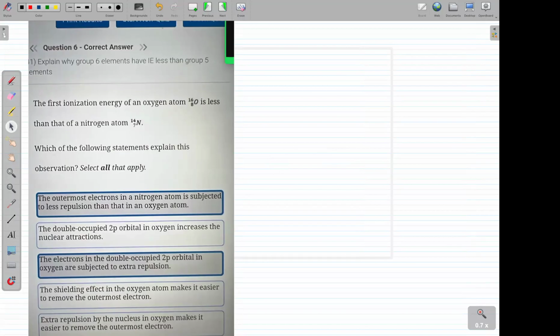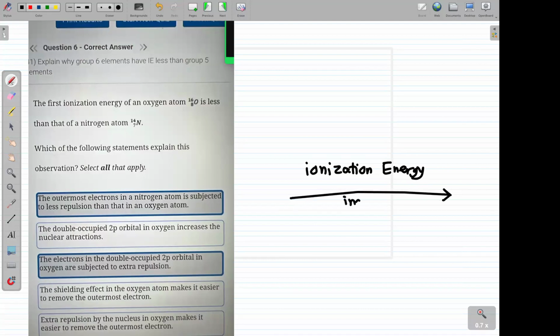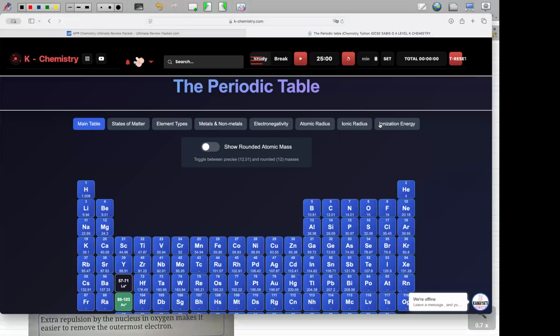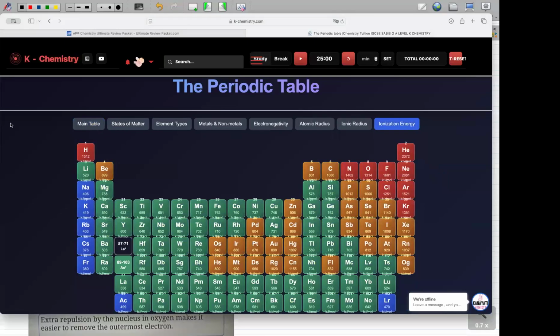The normal rule for the ionization energy tells me that as you go in the periodic table from left to right, the ionization energy should do what? It should increase. The normal rule, the periodic trend, is telling me that the ionization energy should increase. So if you are here, this is 1312, let's do 520, then it becomes 899, 1086, 1402, 1681.